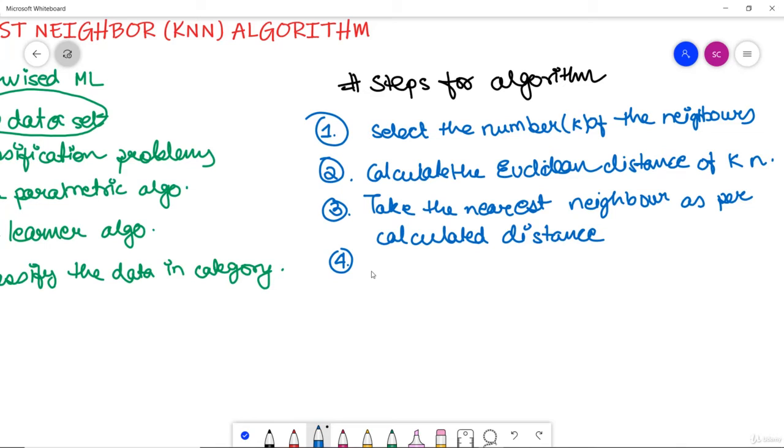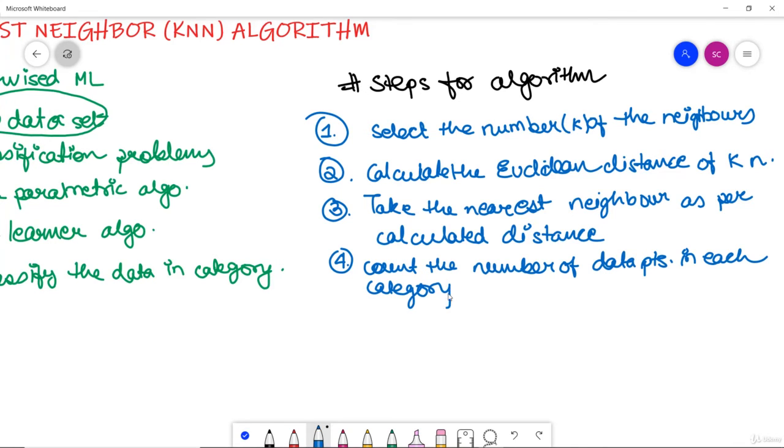In step 4, among those neighbors, you have to count the number of data points in each category. In step 5, you have to assign the new data point to the category for which the number of neighbors is maximum.